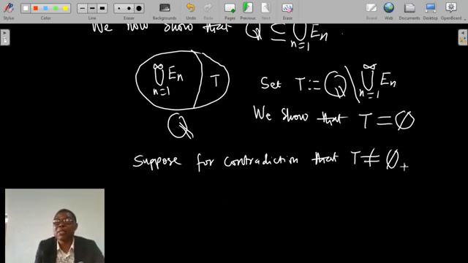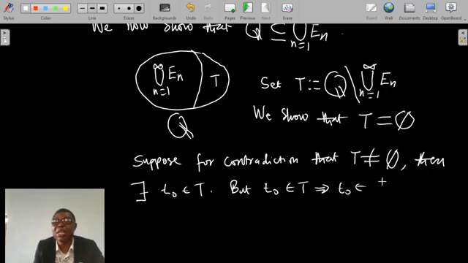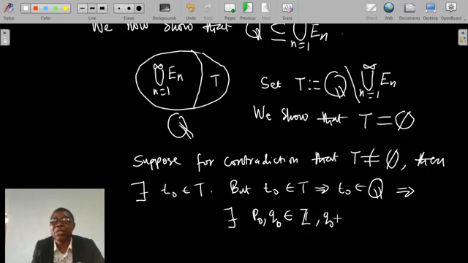If T is not an empty set, then there exists a point t naught in T. But t naught in T, of course, implies that t naught is in Q, because T is a subset of Q. And this implies, therefore, that there exist p naught, q naught in the set of integers with q naught not equal to 0, such that t naught is equal to p naught over q naught.